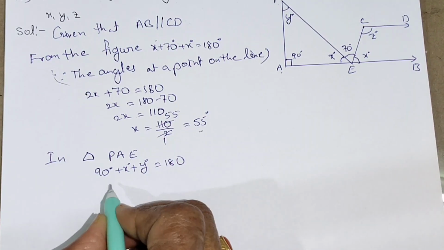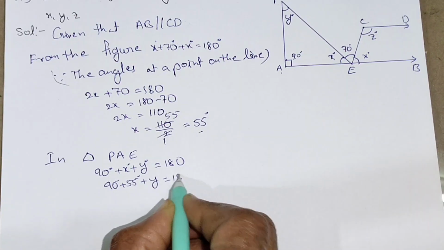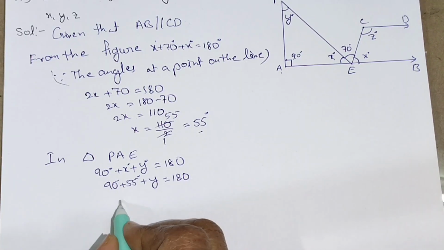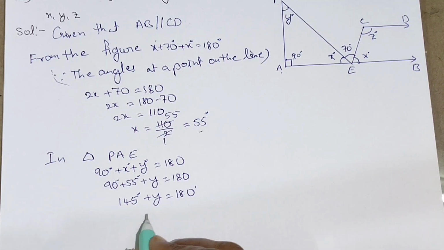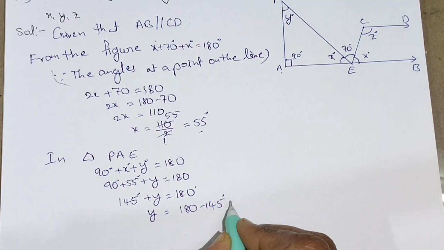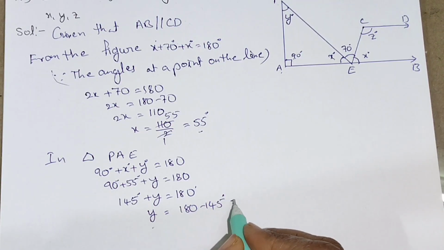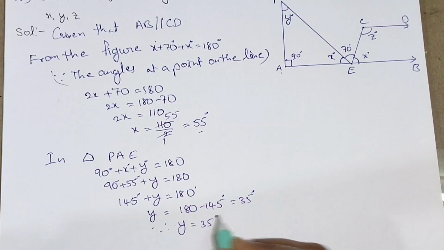We substitute 55: 90 plus 55 plus y equal to 180. So 90 plus 55 is 145, plus y equal to 180. So y is equal to 180 minus 145, that is 35. Therefore y equal to 35 degrees.